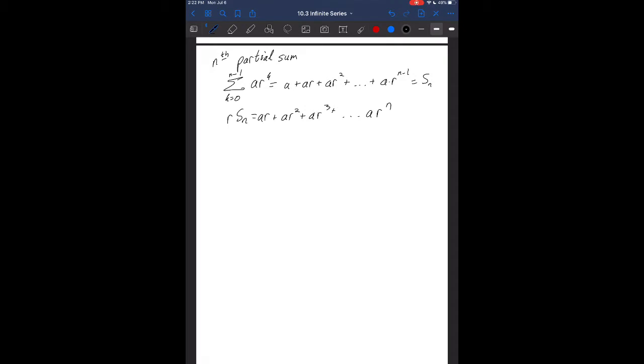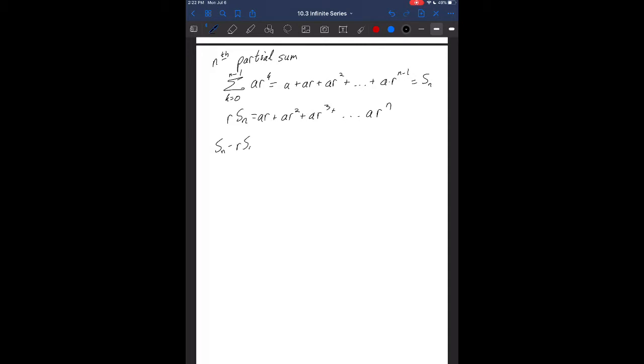So what we do to actually figure out a nice explicit formula for these partial sums is take these two ideas and subtract them from each other. So we take s sub n and we subtract r times s sub n, and we're going to be left with just a few different terms.